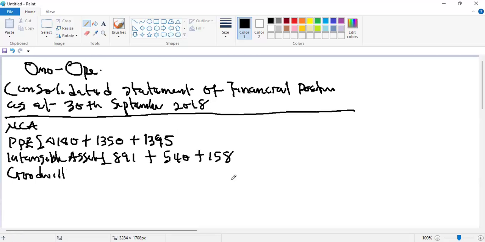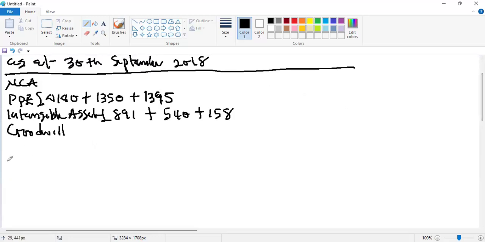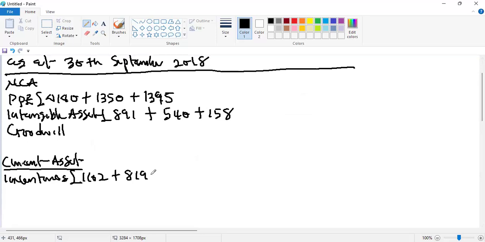Current assets. Inventories: 1102 plus 819 plus 414.